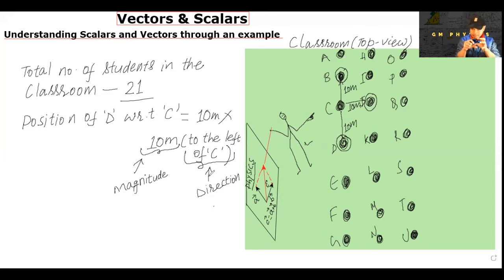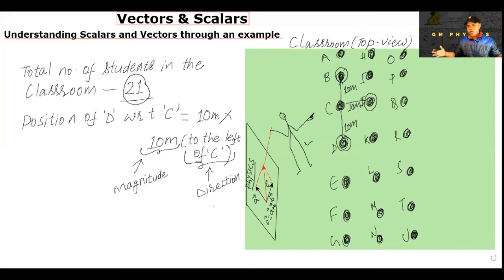Like, for example, here the reference was C. With respect to C, D is sitting to the left, right? So such physical quantities which have magnitude as well as direction, or which cannot be expressed completely just by writing magnitude, are called vectors. And those quantities which can be completely expressed just by writing a magnitude are called scalars.